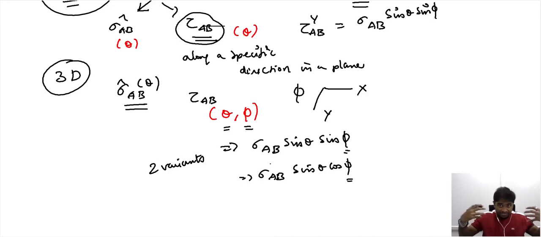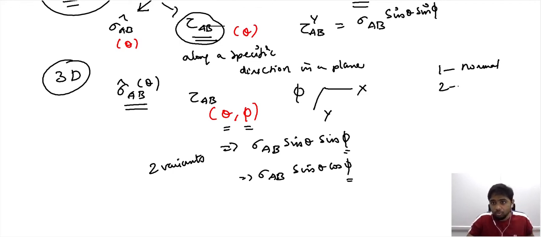So ultimately, in a real life situation, when your region of interest is inclined, you will have one normal stress and two shear stresses. What it means is that when you impose an inclined loading condition, or when your region of interest is inclined, the stress this region of interest experiences in an actual three-dimensional case, in the physical world, can be differentiated into three components.